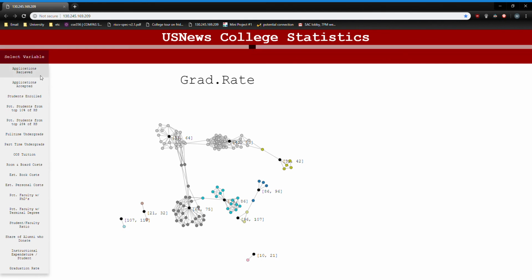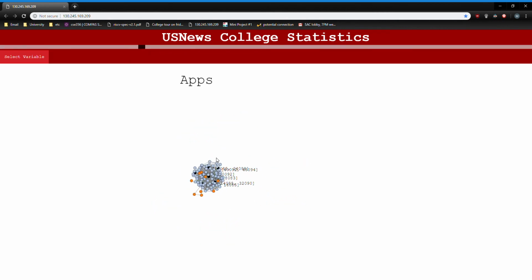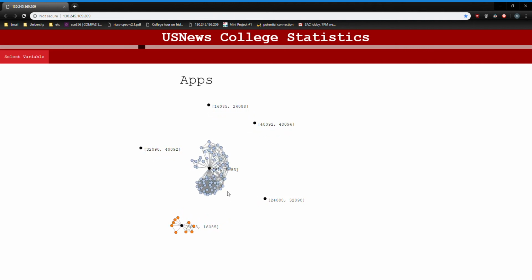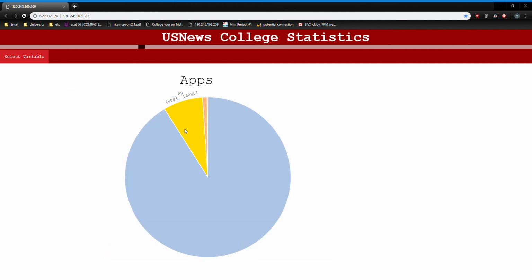Anyways, so going back over it, force-directed graph, clusters, bar graph. Each bar can be highlighted. You can see the outliers and the bulk of the data. Pie chart.